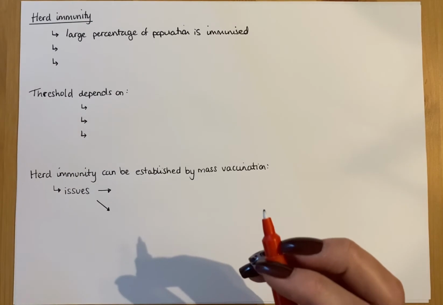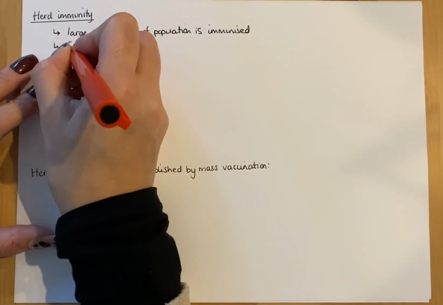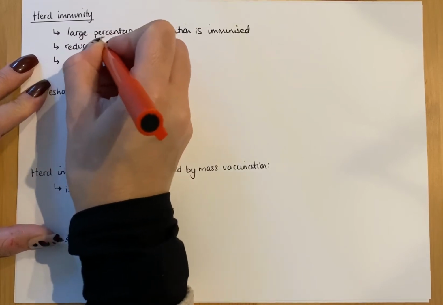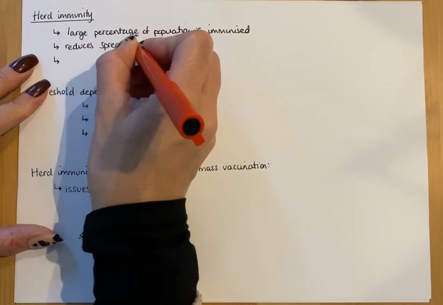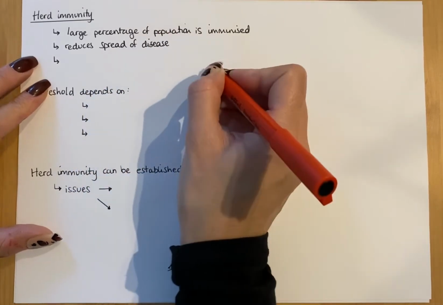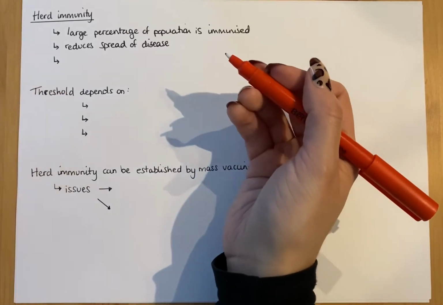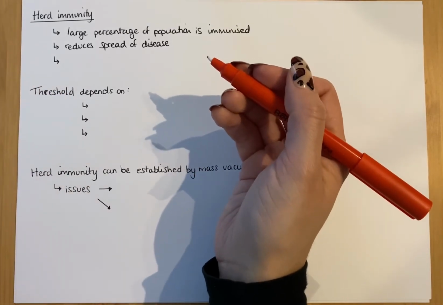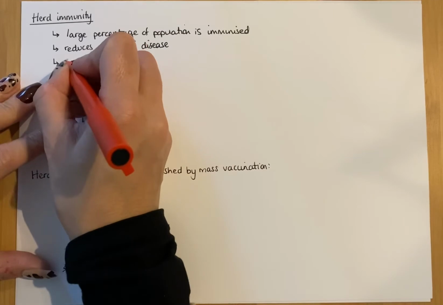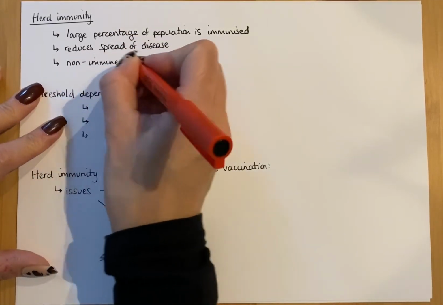The purpose of this is that if you vaccinate a large percentage of the population, that reduces the spread of the disease, because there are fewer people likely to be infected, as they're immunised and therefore not able to spread it and are resistant to that disease. The other bonus of that is that non-immune individuals are protected.